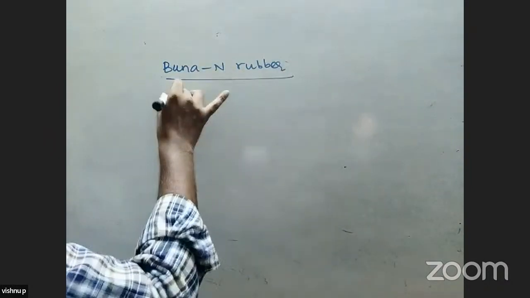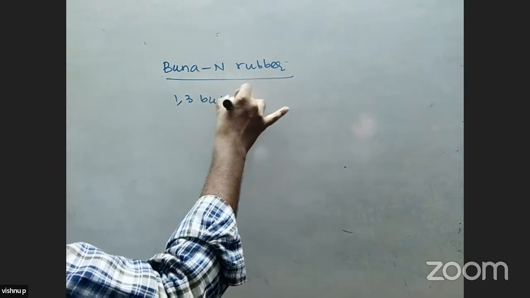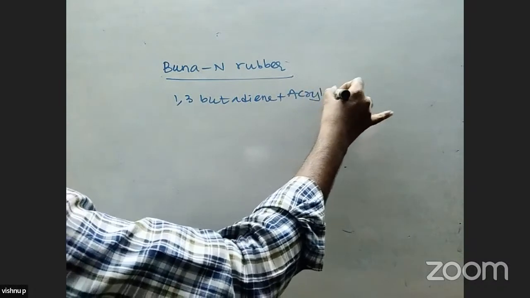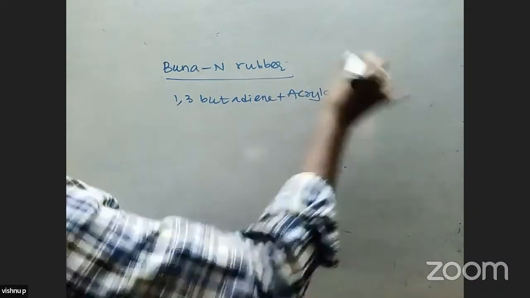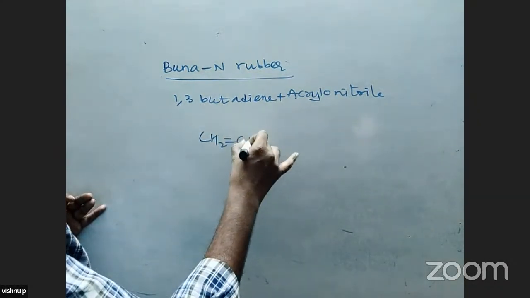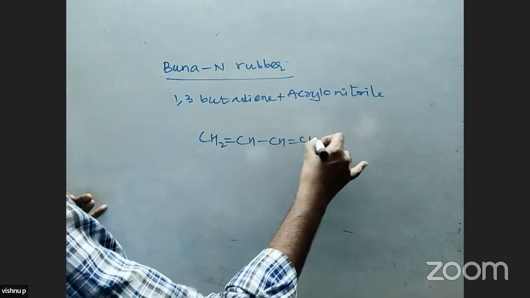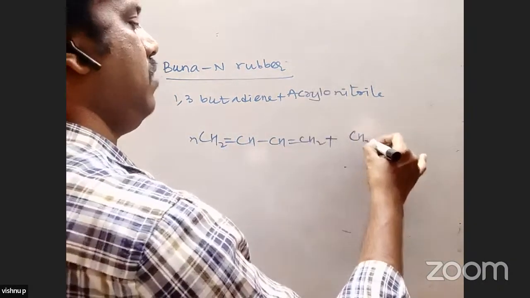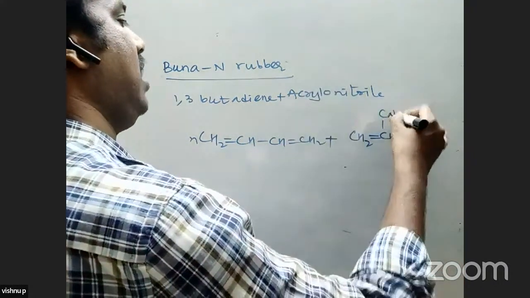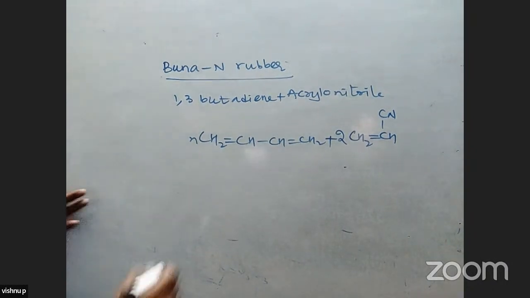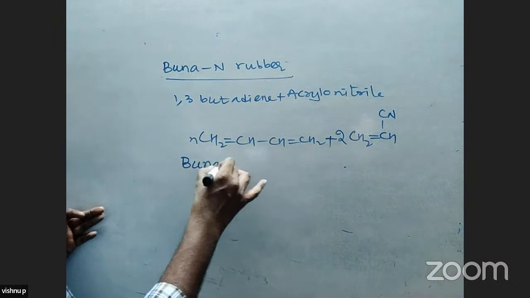Buna N rubber contains 1,3-butadiene plus acrylonitrile monomer units. 1,3-butadiene, CH2=CH-CH=CH2, n number of molecules are involved in polymerization with acrylonitrile, vinyl cyanide. Vinyl cyanide is called acrylonitrile. Both are involved in addition polymerization.